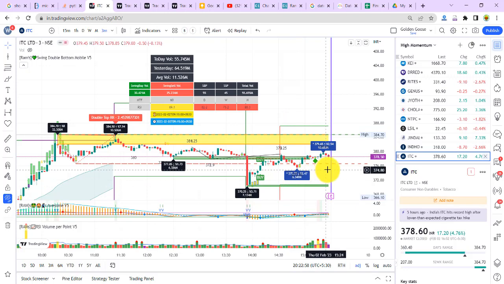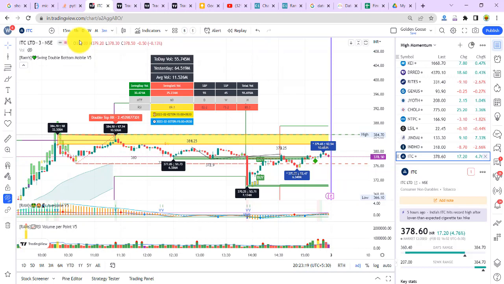And now we can take entry here. We can take entry here when the triad is formed, or we can take entry when we got a buy signal here. So from here onwards it moved nowhere. So tomorrow maybe this price will be retested, because you can see a violet candle in 3 minutes time frame.